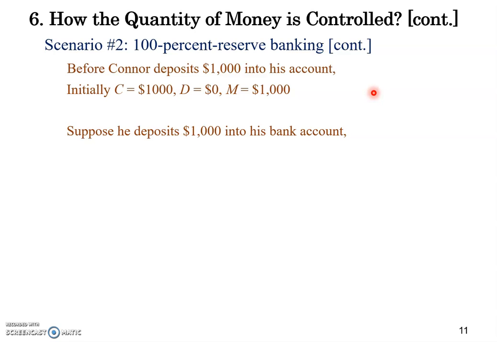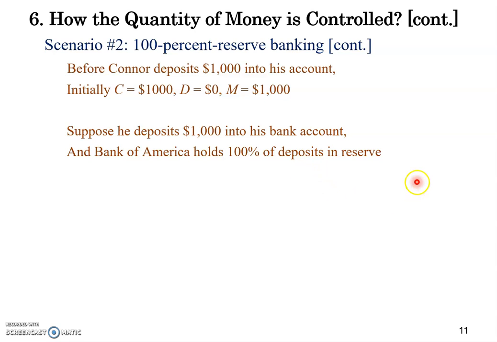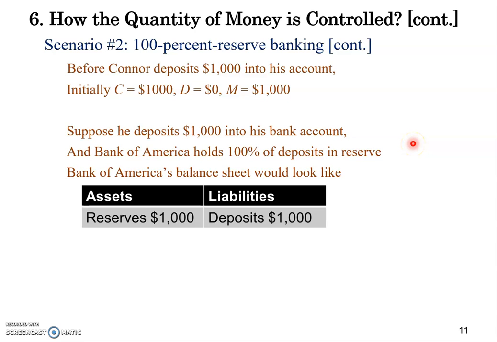Now, suppose he deposits $1,000 into the bank account, and Bank of America holds 100% of the deposits in reserve. That's why it's called 100% reserve banking. So BOA keeps every dollar in its office. Then the balance sheet would look like this.